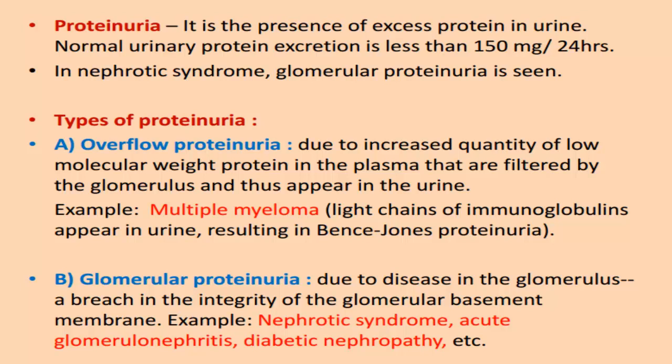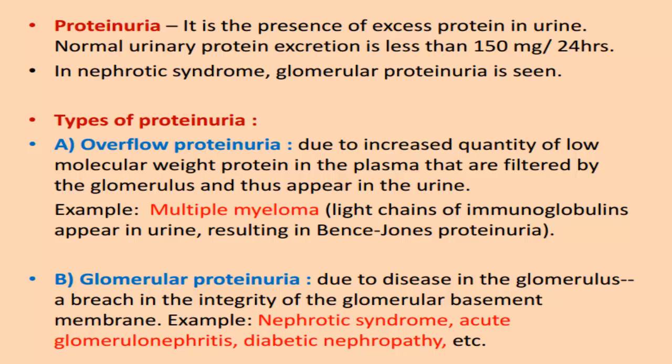First one is overflow proteinuria. It is due to increased quantity of low molecular weight protein in the plasma that are filtered by the glomerulus and thus appear in the urine. It is seen in multiple myeloma, and here light chains of immunoglobulins appear in urine, resulting in Bence-Jones proteinuria.